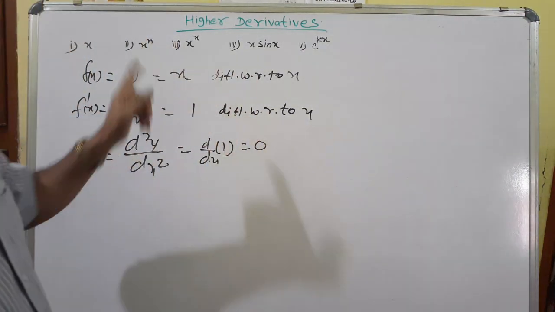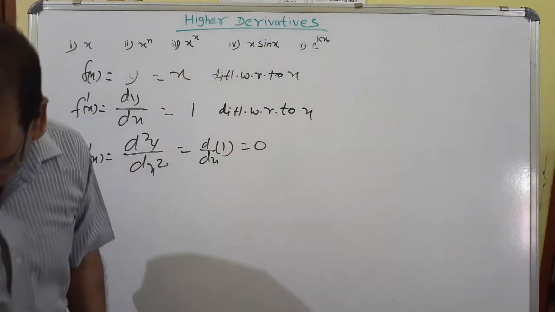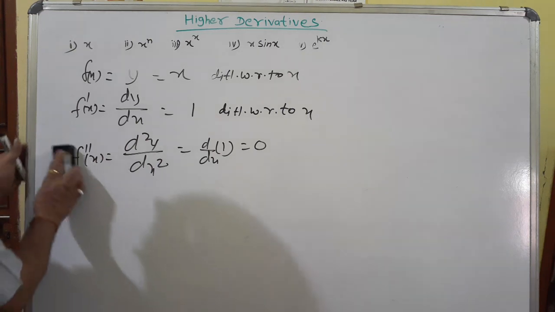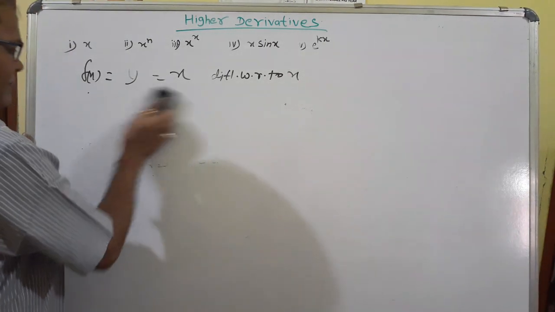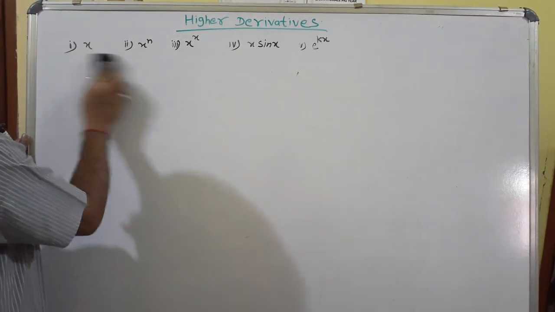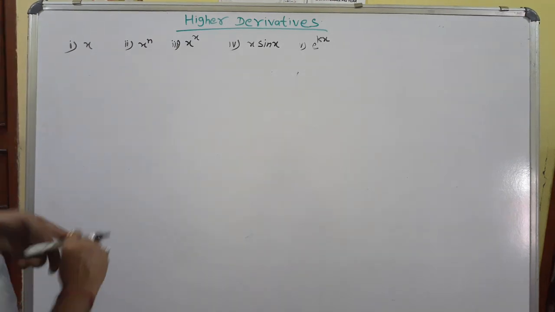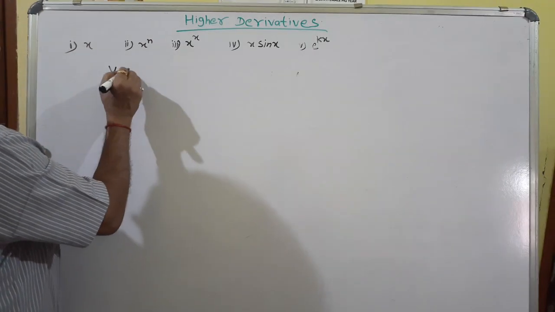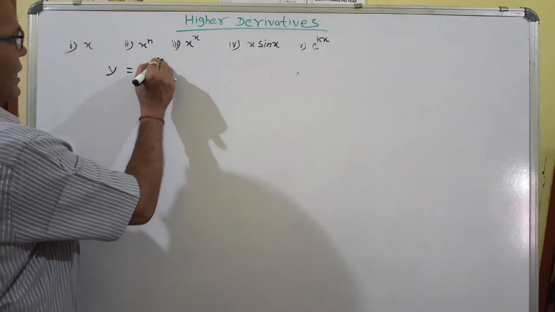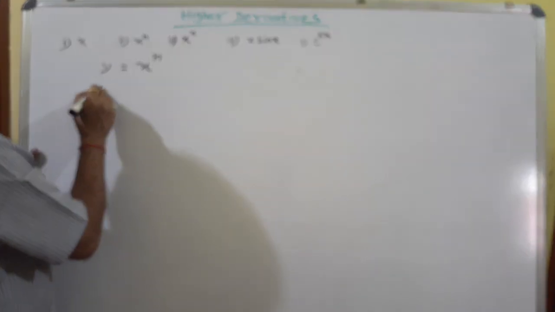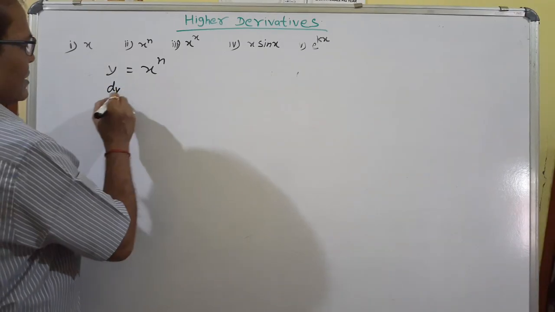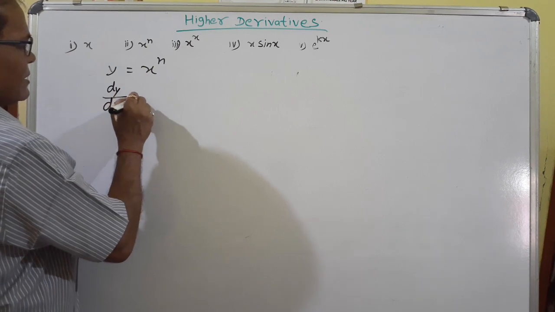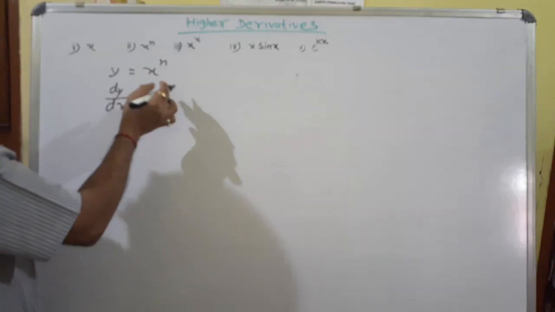Now the second example: y is equal to x to the power n. Then dy by dx, the first derivative, is n x to the power n minus 1.